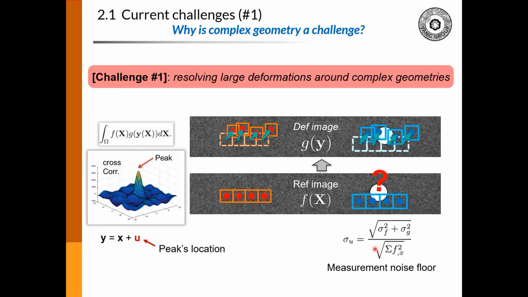You can already do some calculation for the noise floor before you do the DIC analysis. Imagine you have the same sigma for your experiments. If you choose a different element size or subset size, the bottom part changes, so you can compute your sigma u based on whether you need more pixel gradients or fewer.